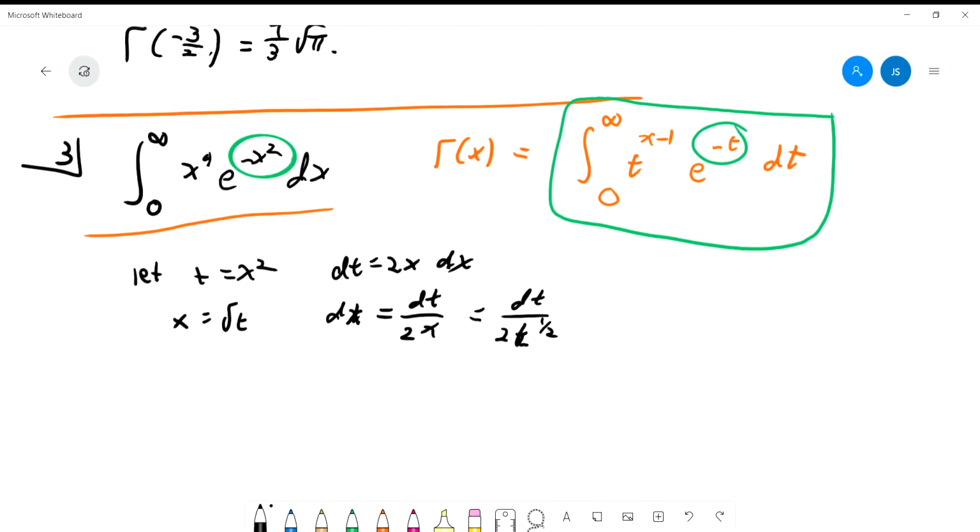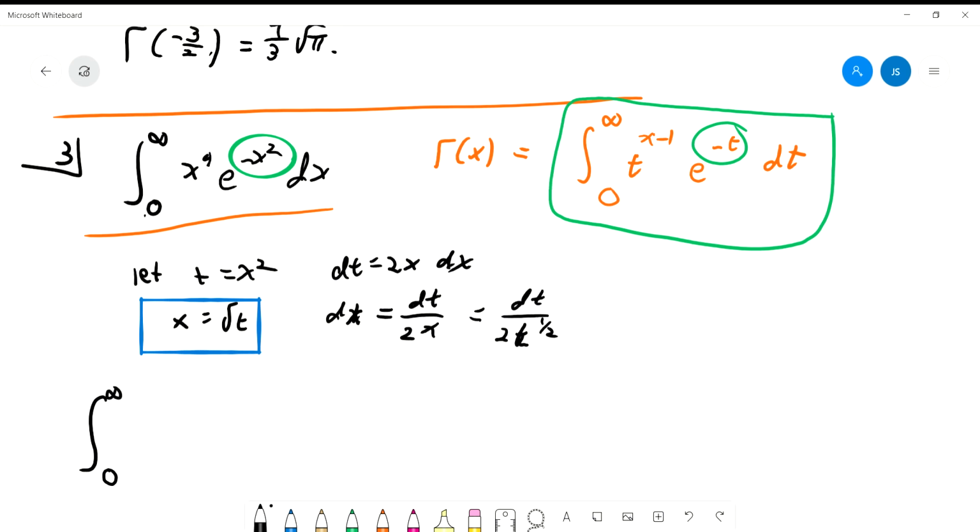And now we can plug everything in and write everything in terms of this t and hope that we can now recognize this in terms of the gamma function. We have to use this substitution to change the limits in general, but in this case, as x goes to 0, t goes to 0, and as x goes to infinity, t goes to infinity.